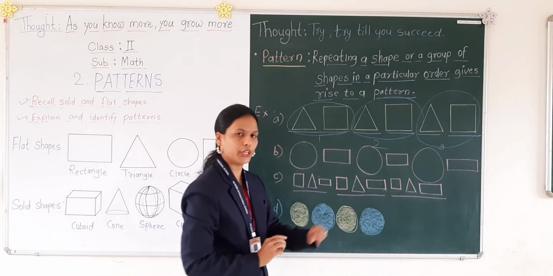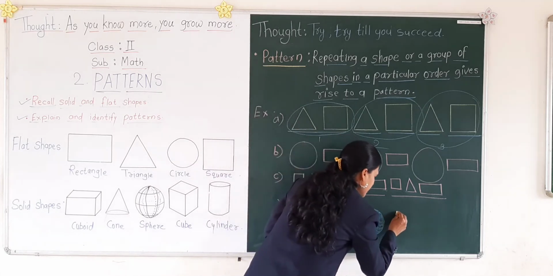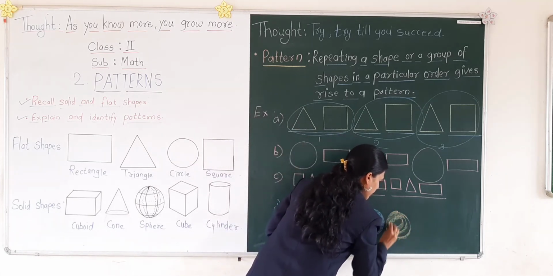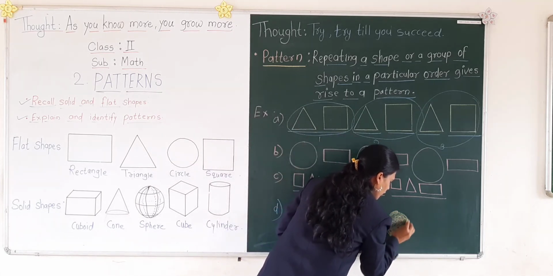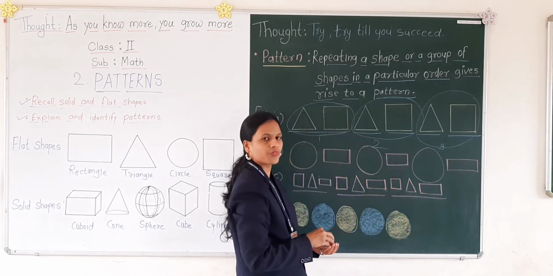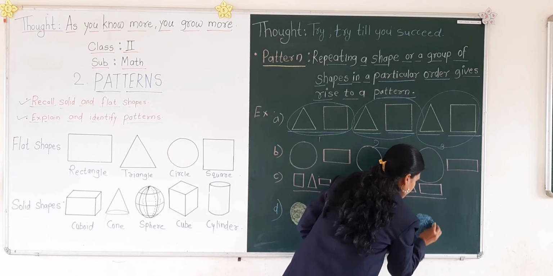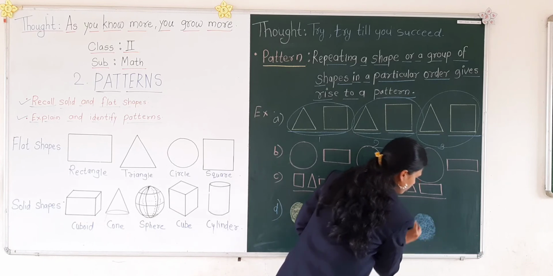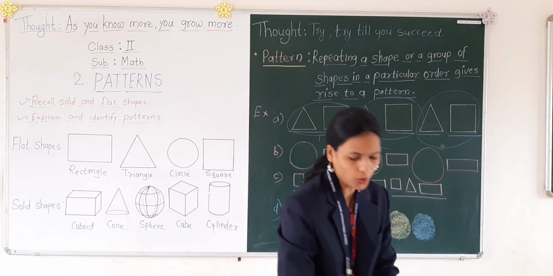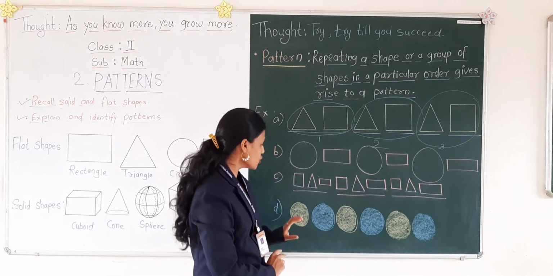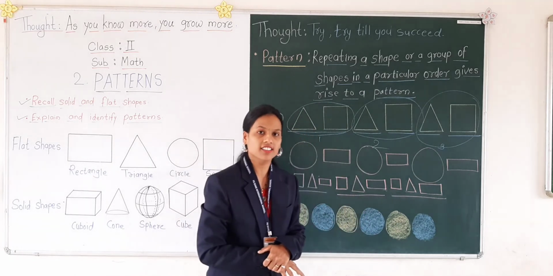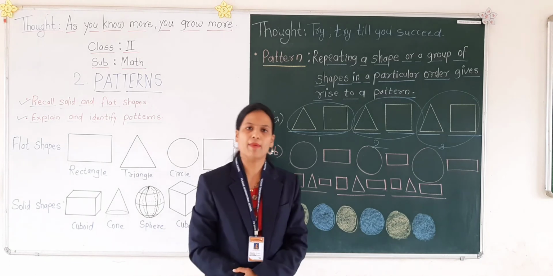Again, suppose we want to continue with this pattern. Then the next circle, yellow color. Good one. After yellow, very good, blue. Understood, students? So, we can arrange different colors, right, in a pattern.